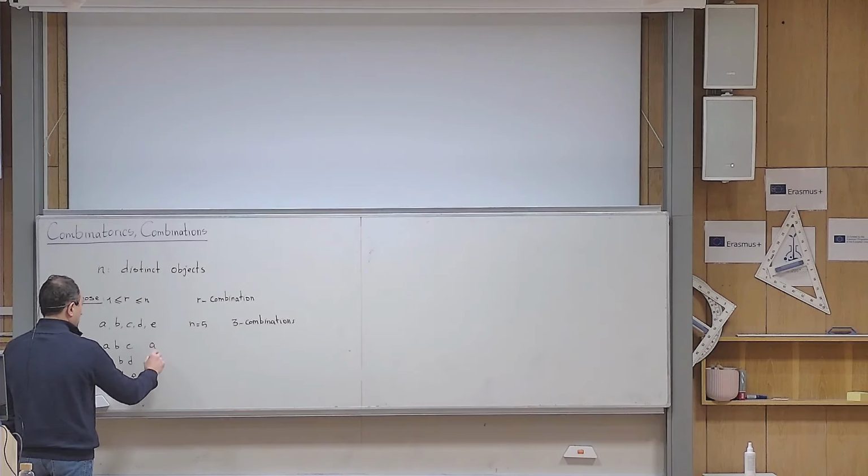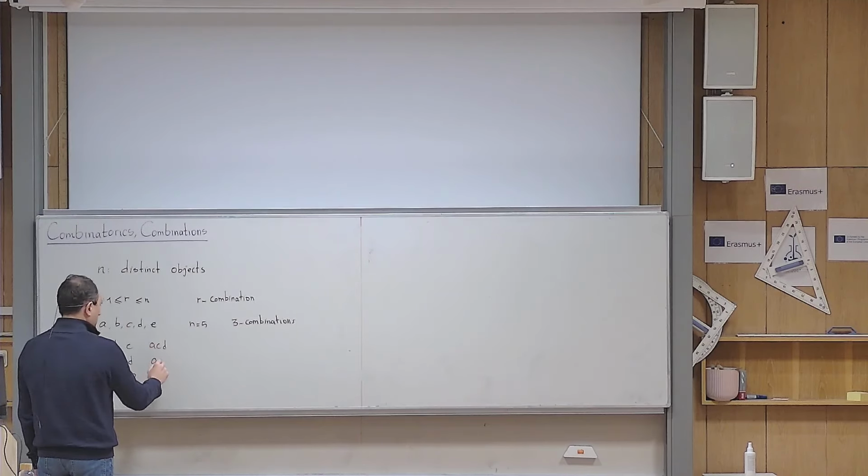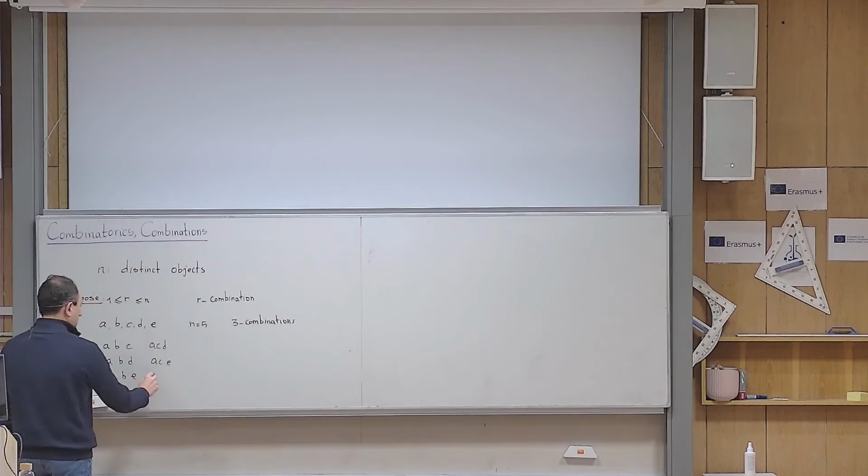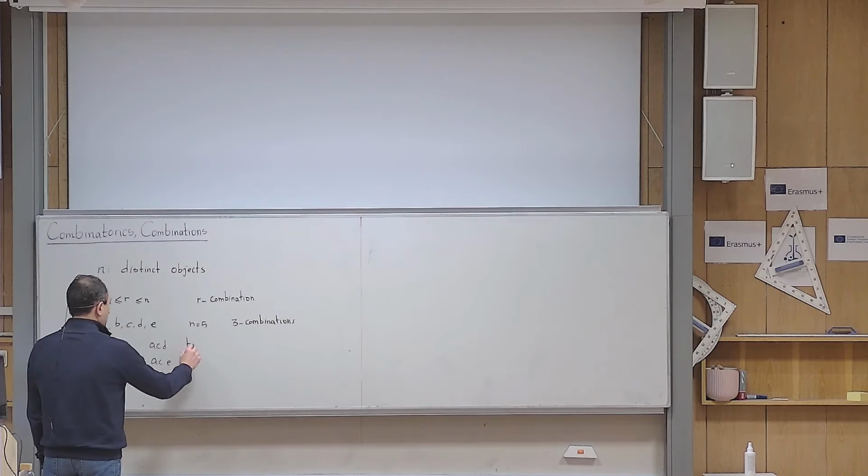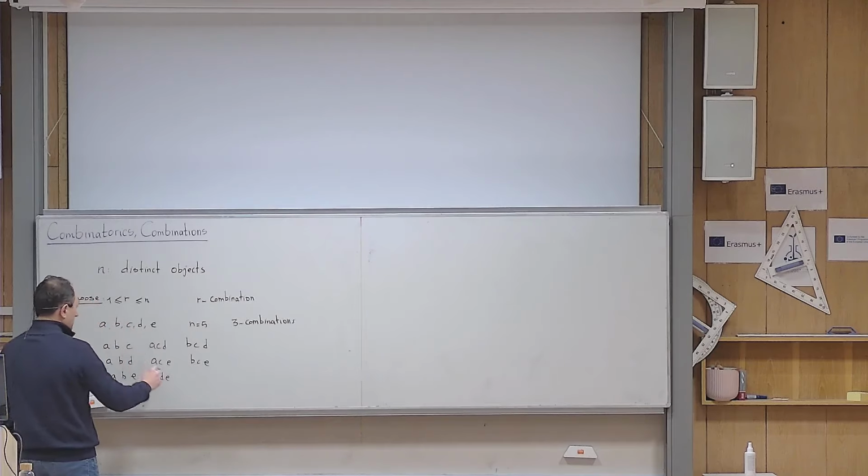I can keep A and then C and D. I can keep A, C, and E. I can keep A, D, and E. What can I do else? I can keep B, C, D, B, C, E, and then what more? Do you see something else? C, D, E.